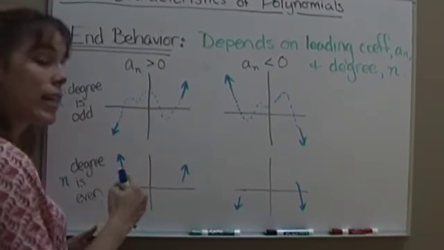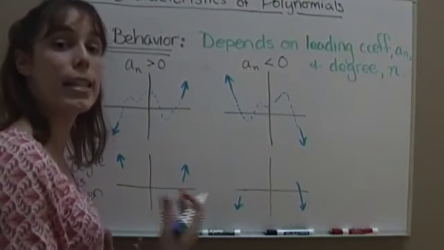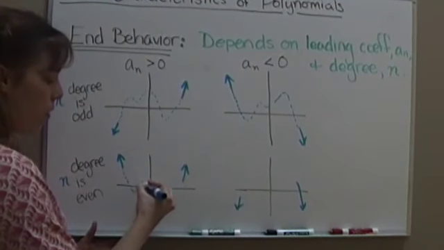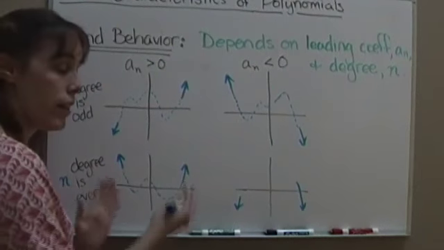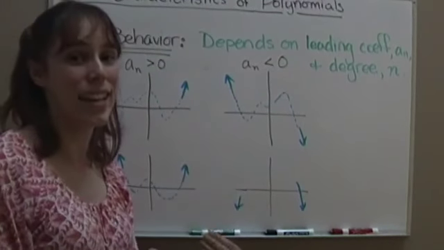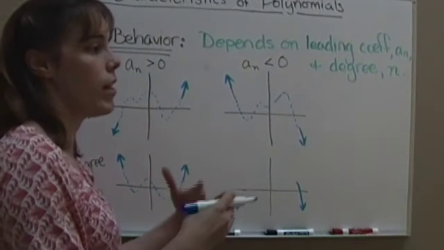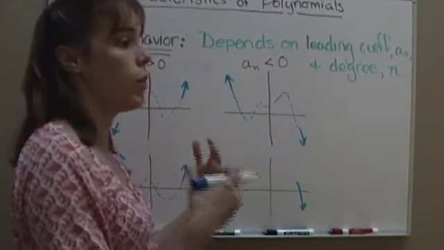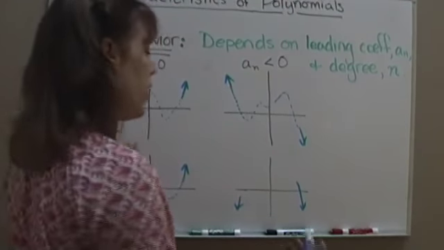If the degree is even, that's like x to the fourth or x to the sixth, then that graph is going to go up on both sides, both ends. If the leading coefficient is negative, say f of x equals negative x to the sixth, or negative 2.18 x to the eighth, right?